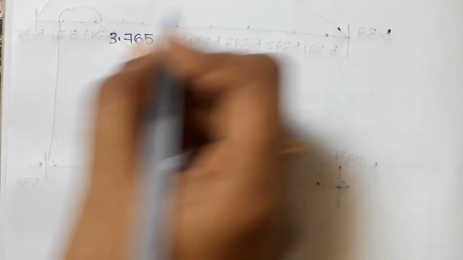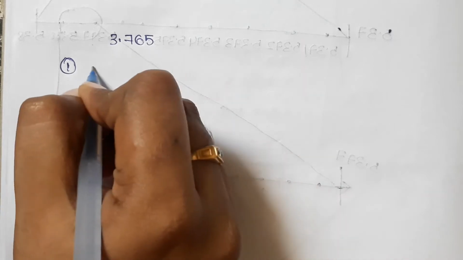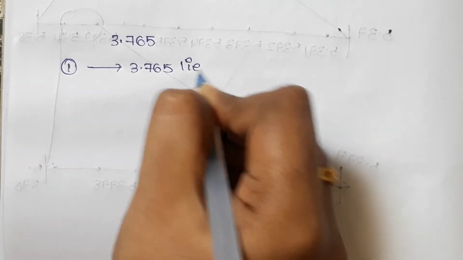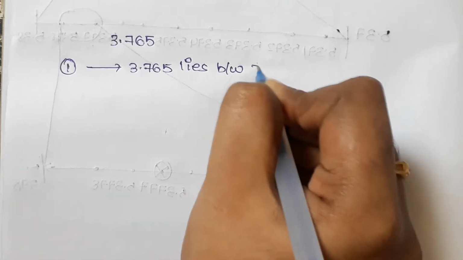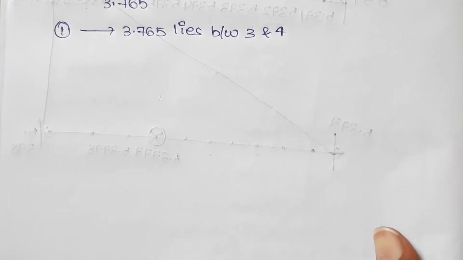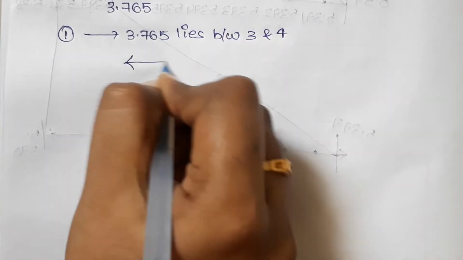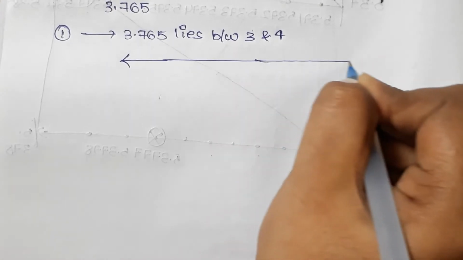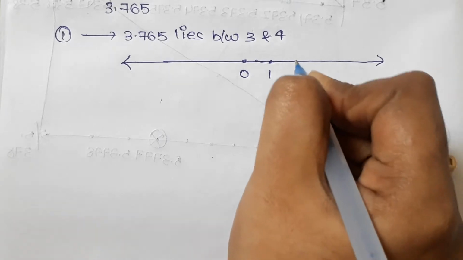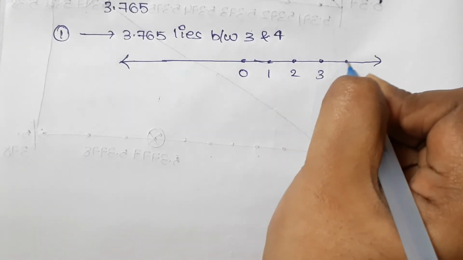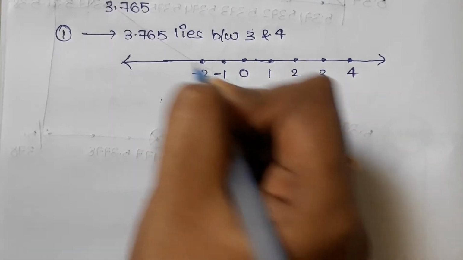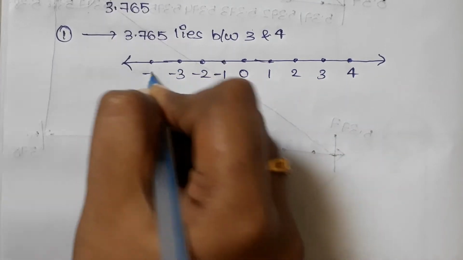Now let us see the first step. Here this 3.765 lies between 3 and 4, and now we should draw the number line for 3 and 4, that is 0, 1, 2, 3 and 4, and -1, -2, -3, -4.